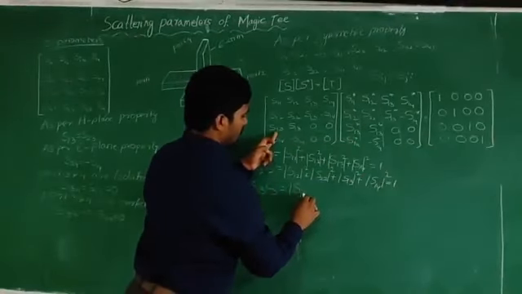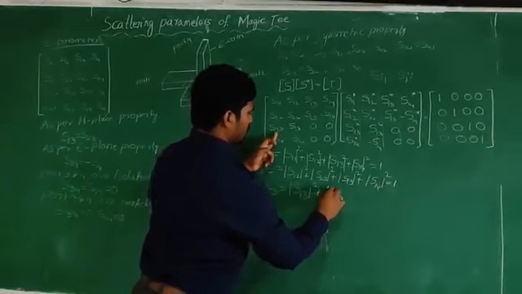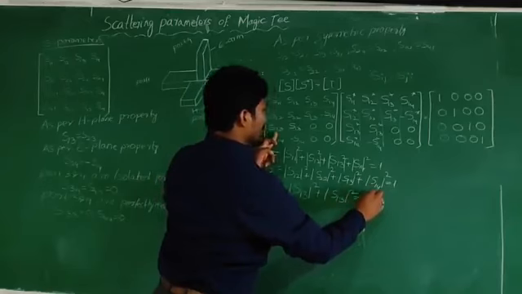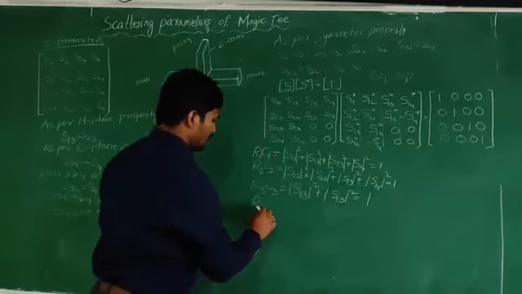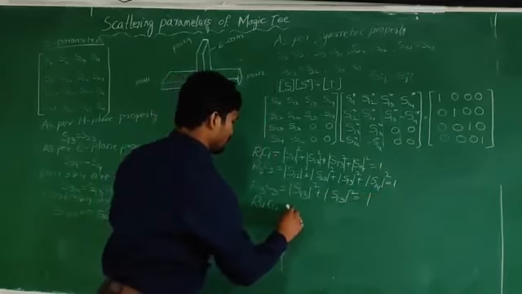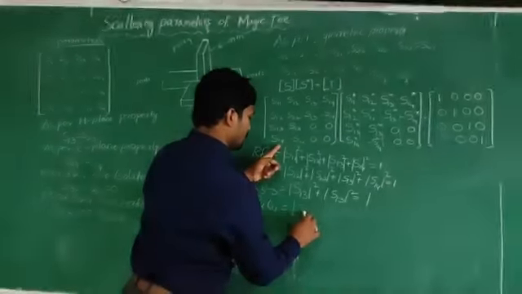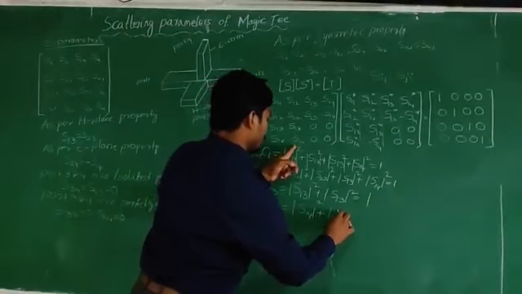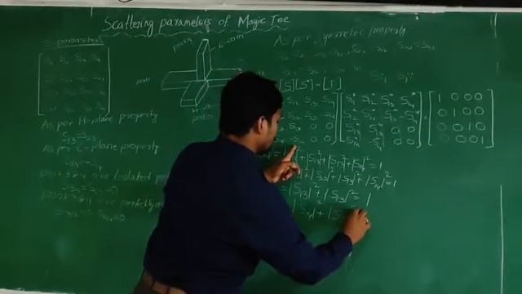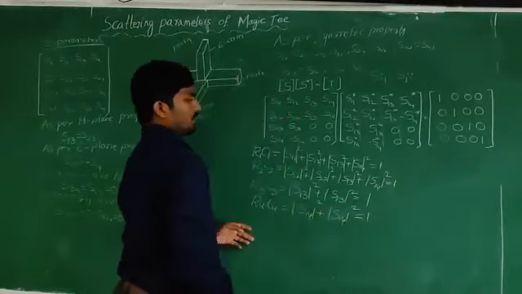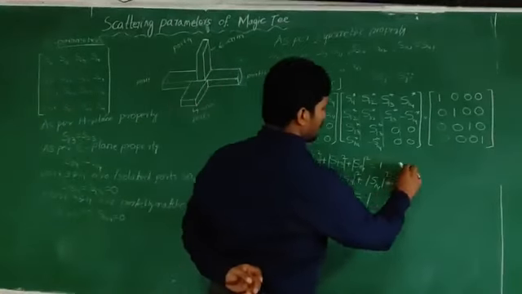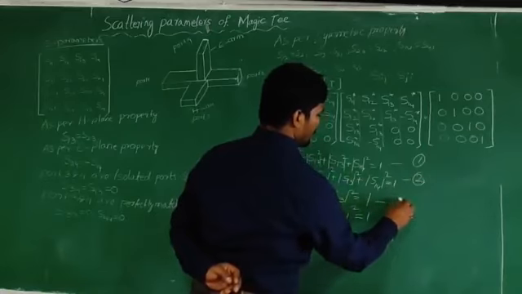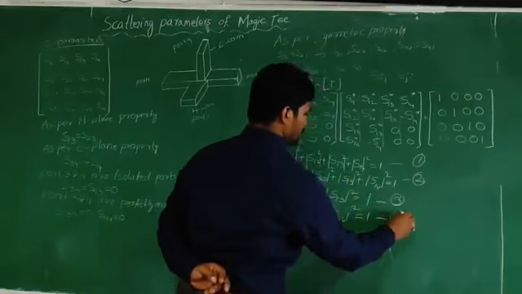And R3 C3: modulus of S13 square plus S13 square equals 1, and R4 C4: modulus of S14 square equals 1. Okay, we can write this as equation number 1, equation number 2, equation number 3, equation number 4.